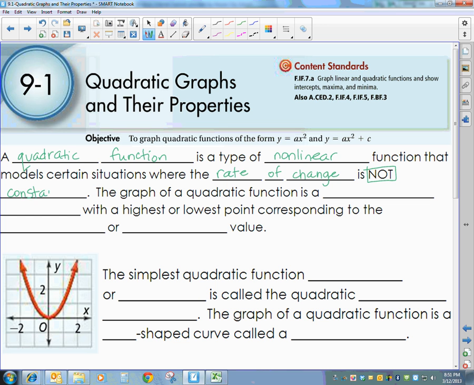So what you should get most out of this sentence is what we've talked about. Nonlinear means that it's not going to be a line, because when we had a line, then our rate of change was constant. So now we're talking about something that's not going to be a line, and the rate of change will not be constant.